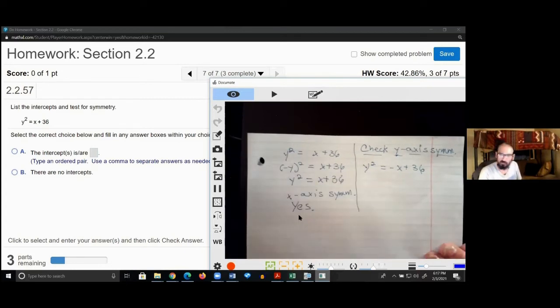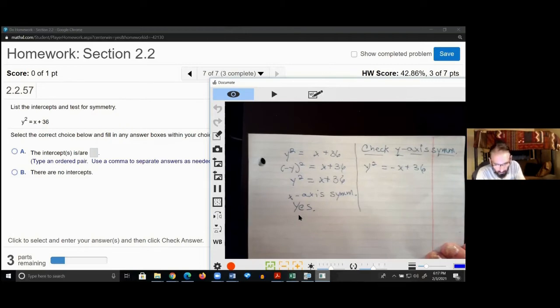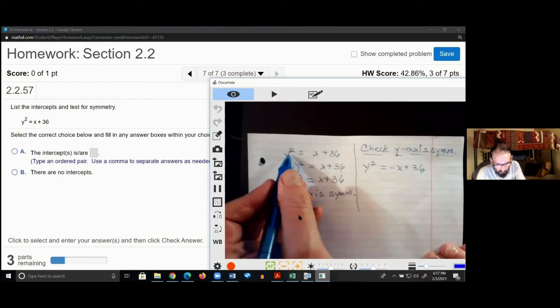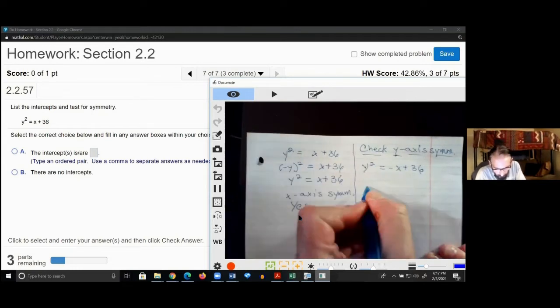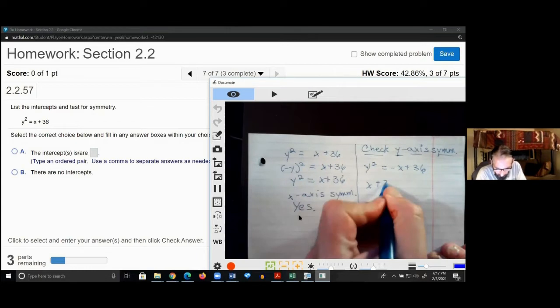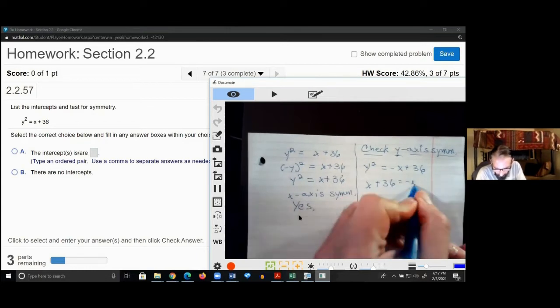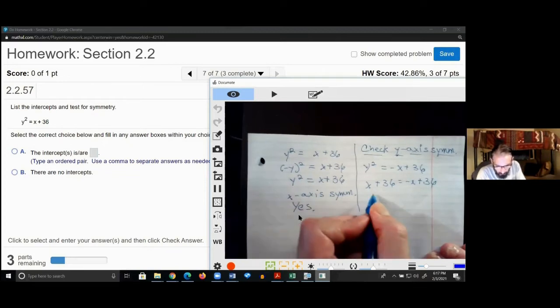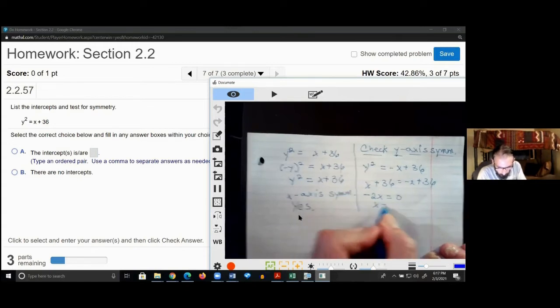So if you're wondering, is there some way of rewriting this to see that really we've got the same equation? Well, if there were, then since y squared is isolated in both of them, that would have to mean x plus 36 would equal negative x plus 36. And that would give us, by combining like terms, negative 2x equals 0, so x equals 0.